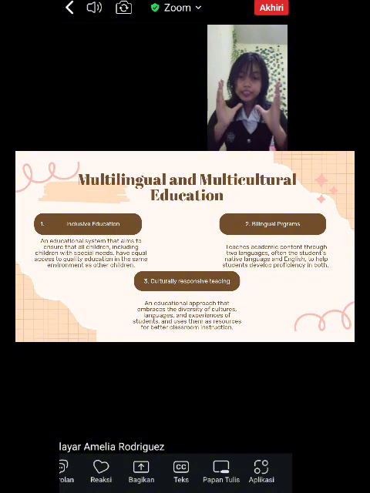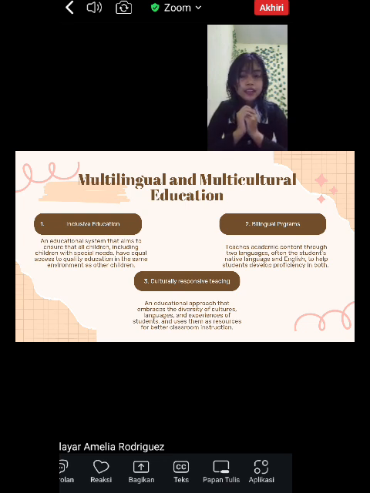In a diverse society, like in Indonesia, schools must respect linguistic and cultural diversity in the classroom. Multilingual and multicultural education aims to create an inclusive learning environment that values all students' backgrounds.